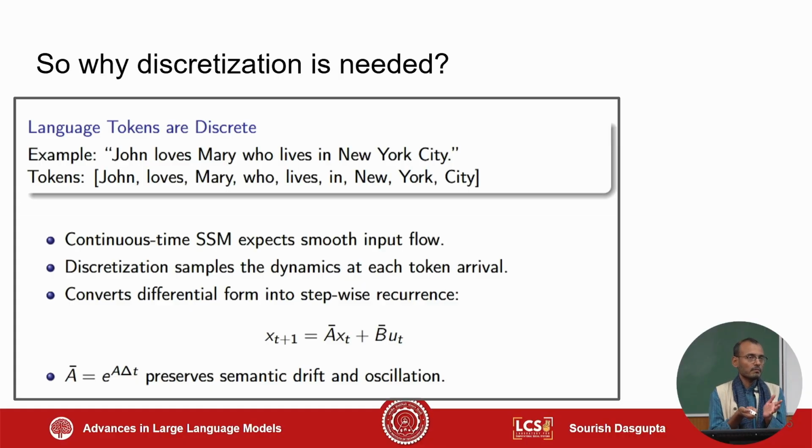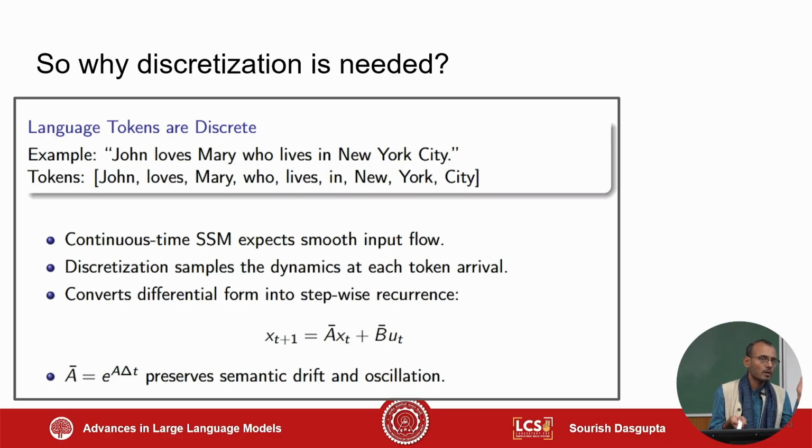If you look at how language works, which we discussed last time also, the input comes in discrete time intervals, right? Like when you say "John loves Mary who lives in New York City," the discrete tokens come at discrete time steps, right?